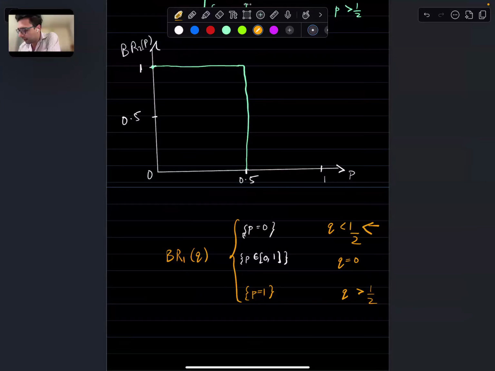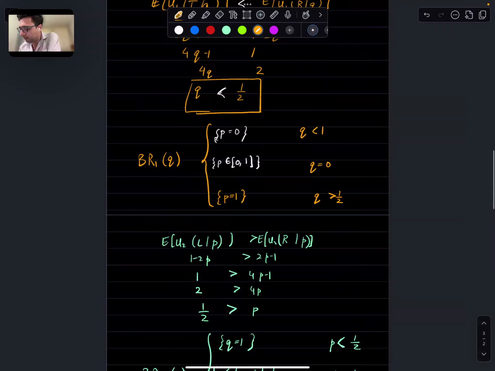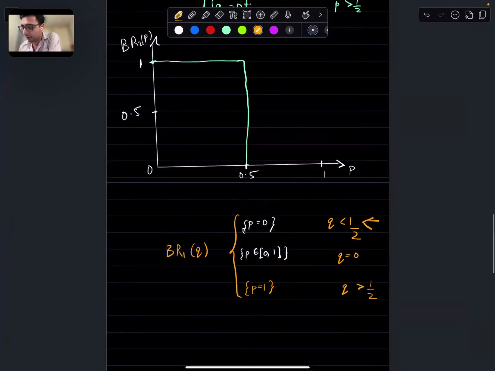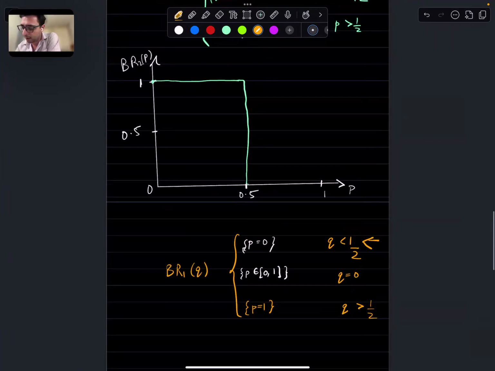When Q is less than 1 half, let's say 1 half. When Q is less than 1 half, then P should be 0. So when the y-axis is less than a half, the x-axis term has to be 0. Because I want to draw BR1 of Q on the x-axis and Q on the y-axis.